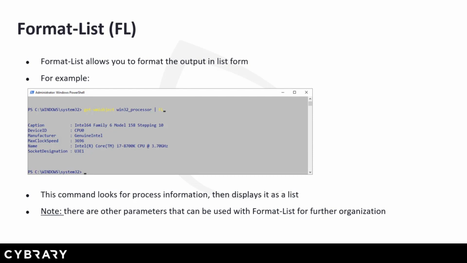Now this particular command is going to look for some processor information, then display it as a list. So as you can see here in the picture, we have different pieces of information like caption, which is usually just some basic information about the item, device ID, manufacturer, and so forth. And because it's in a list, it's a little bit easier to read than it would be in a table.